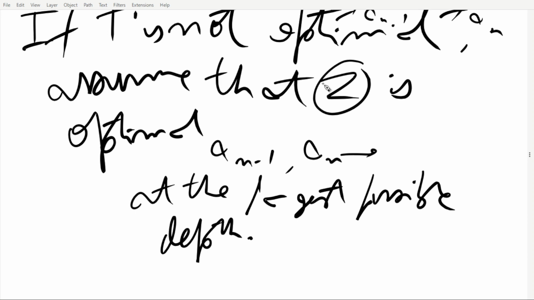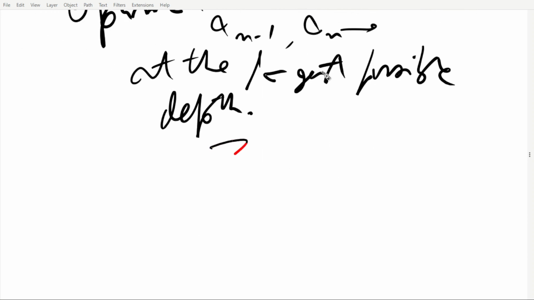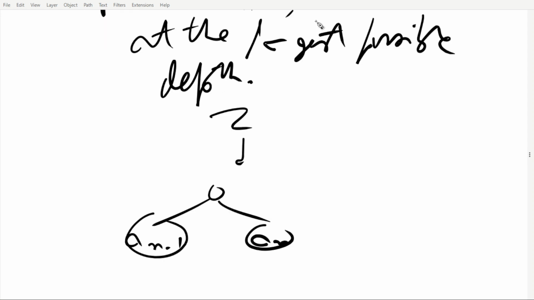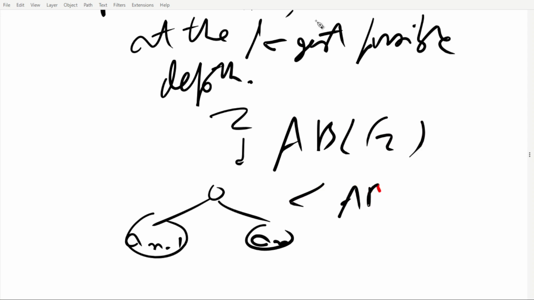So in Z we have a_{n-1} and a_n at the largest possible depth. Here our assumption is that the average bit length of Z is less than the average bit length of T.